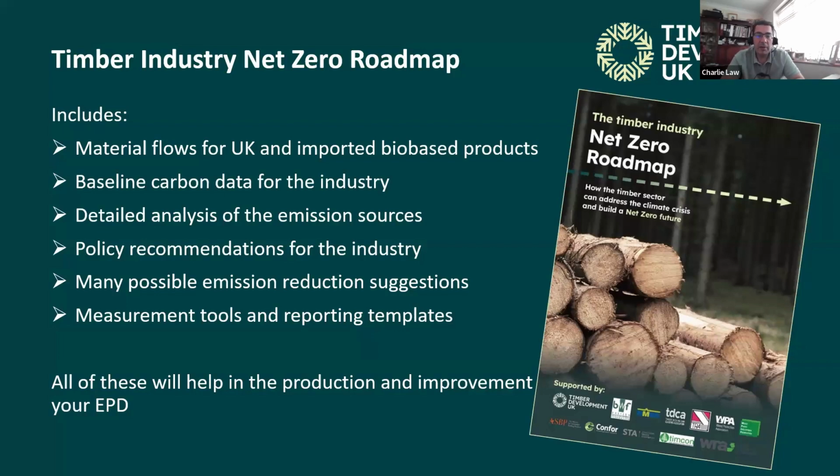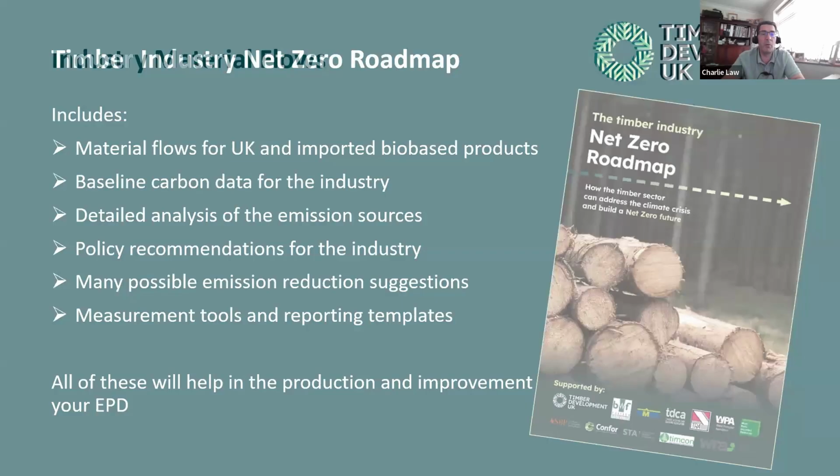Just to bear in mind that to produce your EPD, you will need at least a year's worth of data to be able to produce that EPD, is the key bit. And like I say, lots of emission reductions and measurement tools and reporting templates that you can use that will help you to produce that EPD going forward.